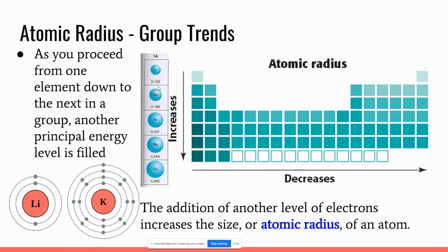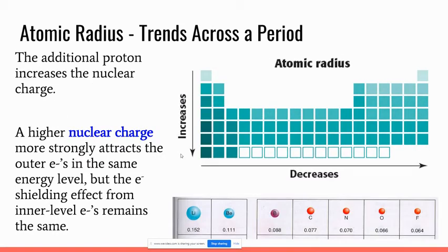Atomic radius, then, is the distance from the center of the nucleus to the outer electron. As we move down, you're going to increase that radius, and that's because you're adding more energy levels as you move down the periodic table. Each one you're adding more layers in, and so because of that, you're going to end up with a bigger atom. As we move across the period, though, it's going to decrease.